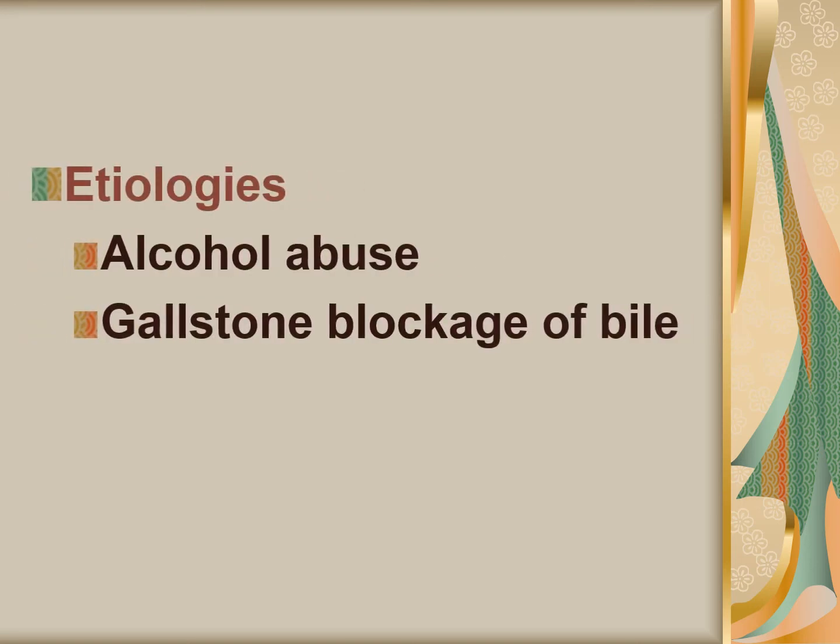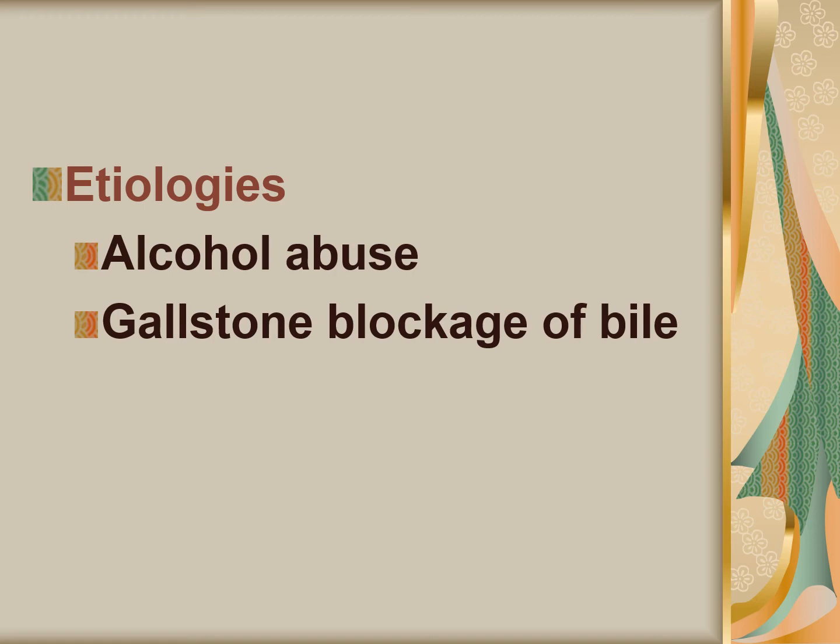Now with the alcohol abuse, it takes only 3.5 ounces of absolute alcohol per day for 2 to 5 years on average to cause the enzymatic proteins within the pancreas to become very viscous and sticky. It changes their consistency, and it will cause them to plug up the small pancreatic ductules, and this leads to pancreatic inflammation or pancreatitis.